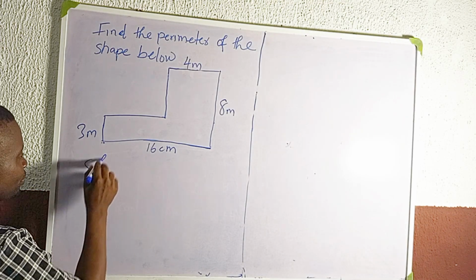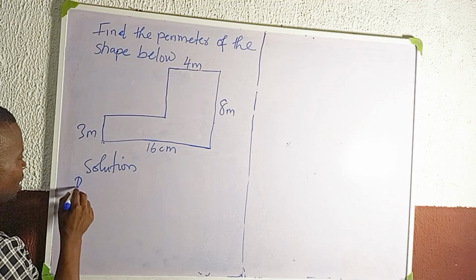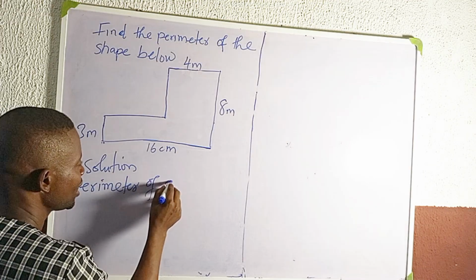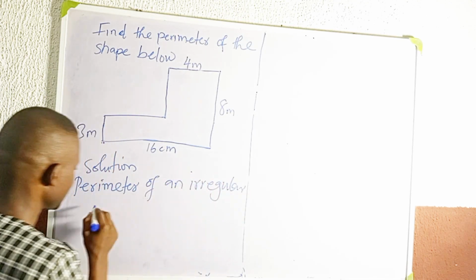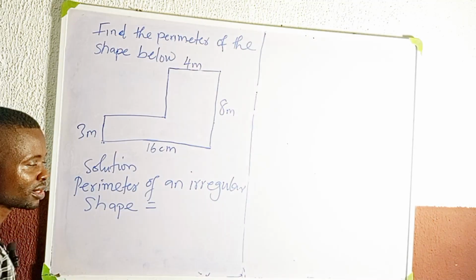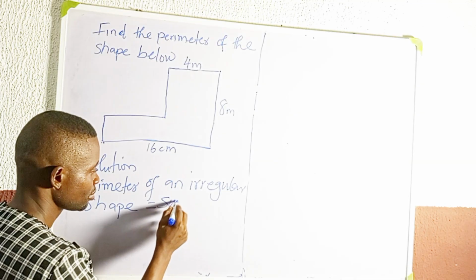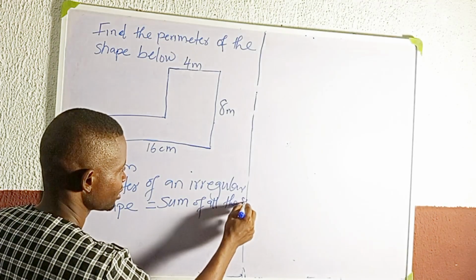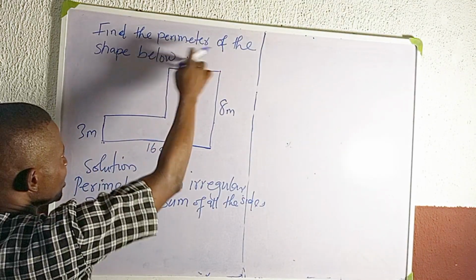So solution, perimeter of an irregular shape equals sum of all the sides. Sum of all the sides.